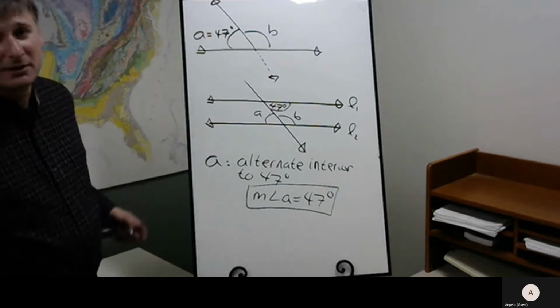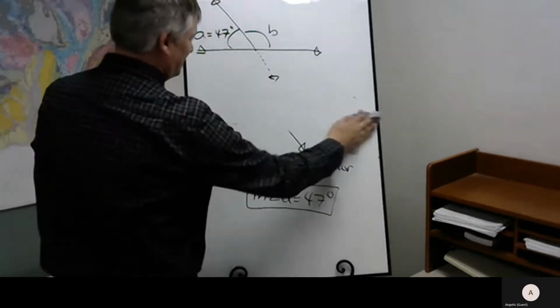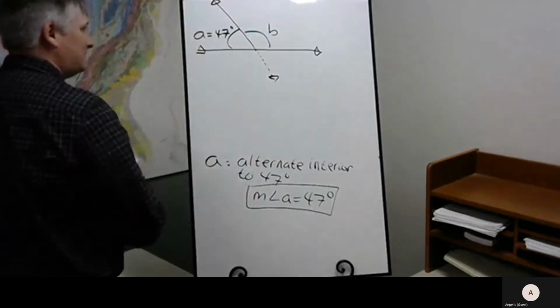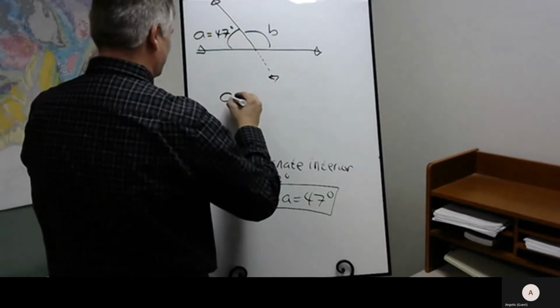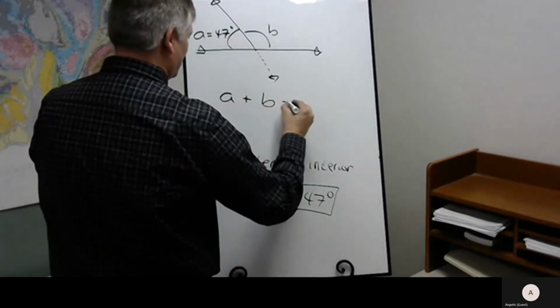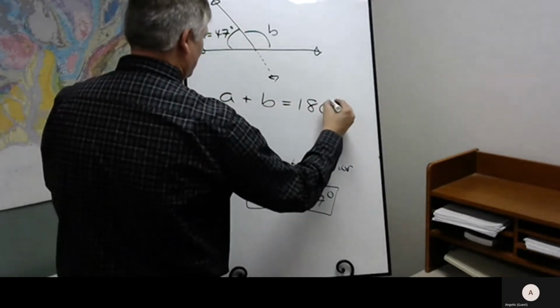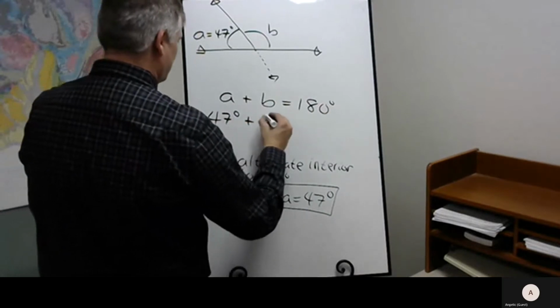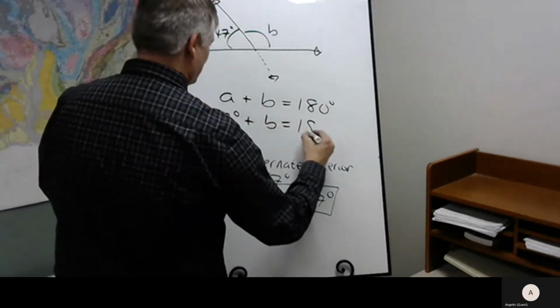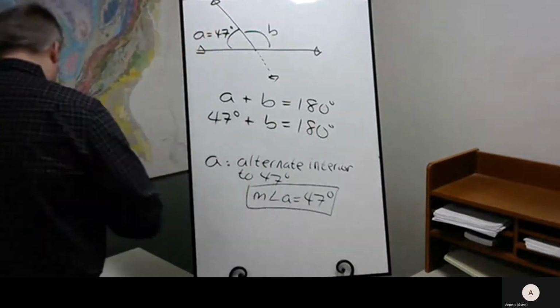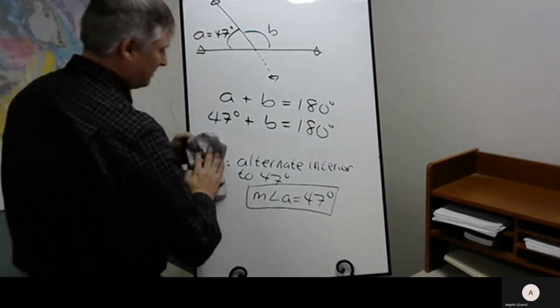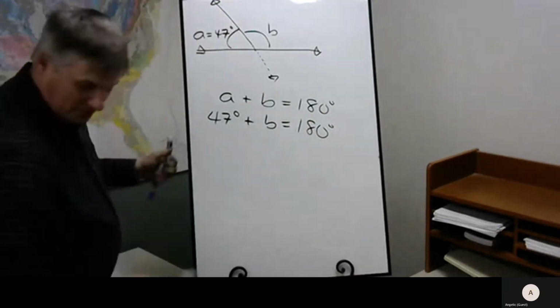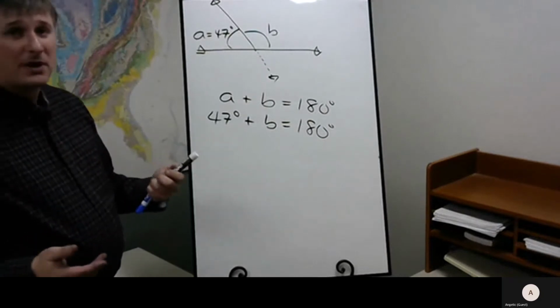So these are supplementary angles. So we could subtract 47 from both sides.